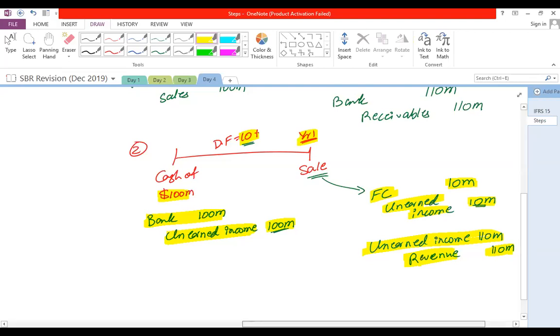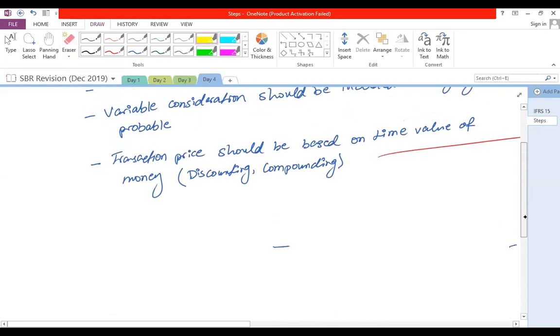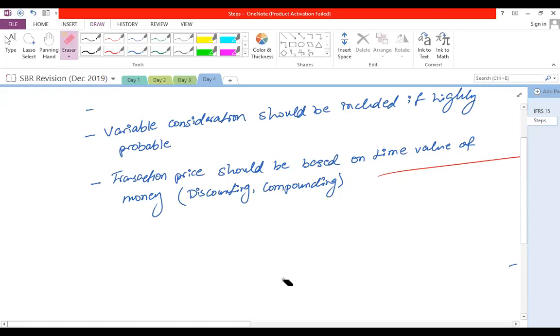Okay. So now when we talk about IFRS 15, we just discussed how we incorporate the time value of money into the revenue recognition.